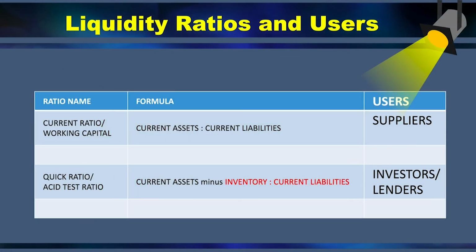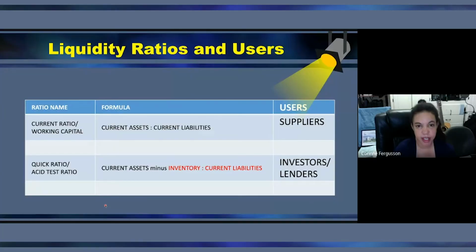So the users would be like the suppliers, investors, of course the owners, managers who run the business and stuff. They would use these ratios because along with profitability, liquidity is extremely important.